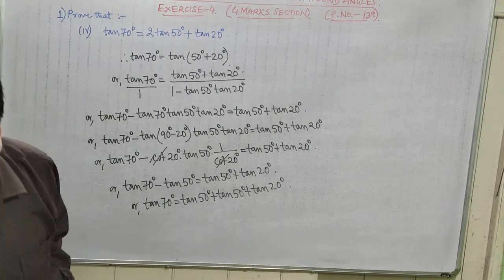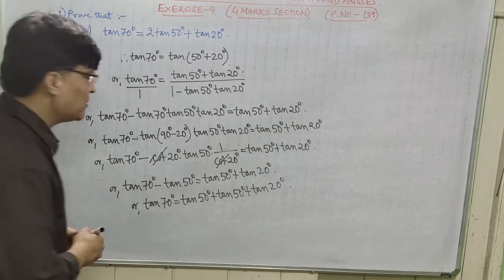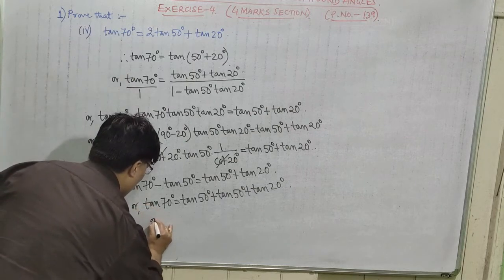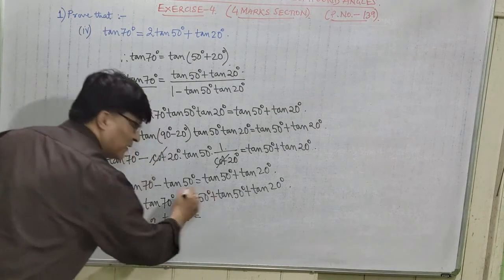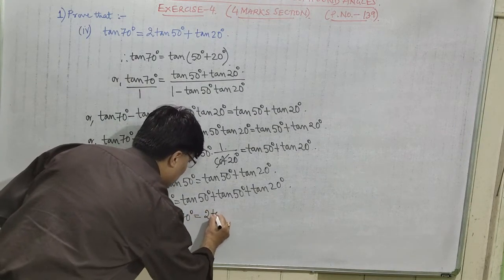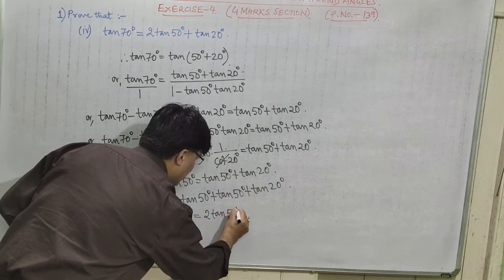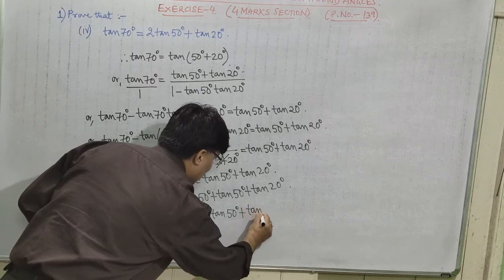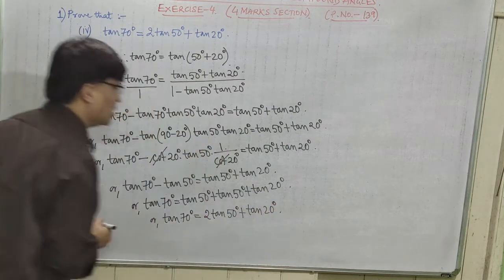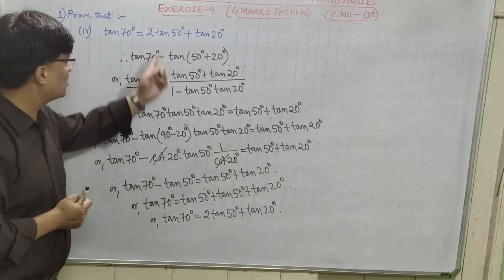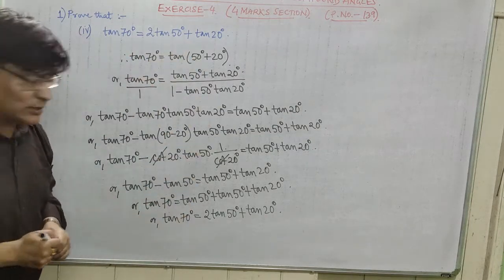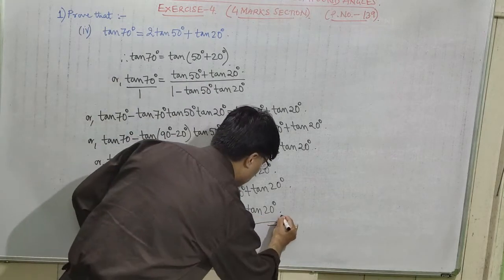So next you can add those similar terms, tan 50 plus tan 50. Now tan 70 degree is equal to tan 50 plus tan 50 is 2 tan 50 degree plus tan 20 degree. That means we have proved the required result, that is tan 70 degree is equal to 2 tan 50 degree plus tan 20 degree. So it is proved.